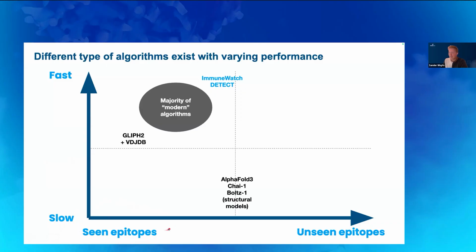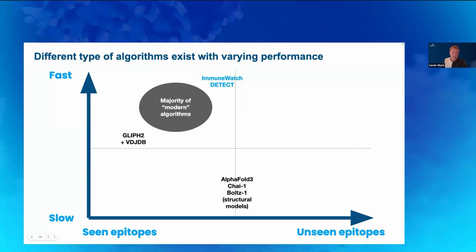Usually, we have some example TCRs that are known to bind these epitopes, and from this you can train a machine learning algorithm, which is usually called a seen epitope prediction algorithm. Most of the algorithms in this space can be found here, like GLIPH2 together with VDJdb, but there are many more algorithms that fit into this space.